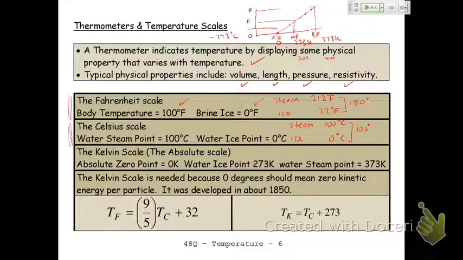The average kinetic energy of a molecule of ice is 3/4 the average kinetic energy of a molecule of water that's about to boil. 3/4. So a kilogram of ice contains 3/4 the amount of energy as a kilogram of boiling water.